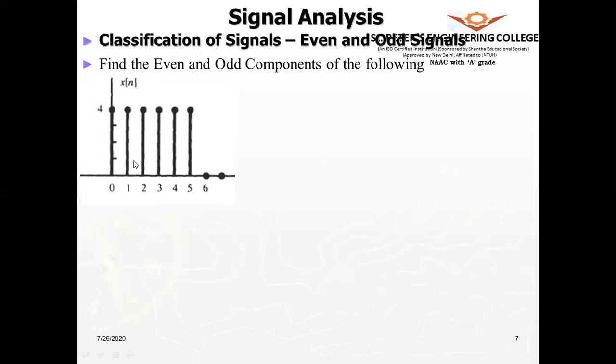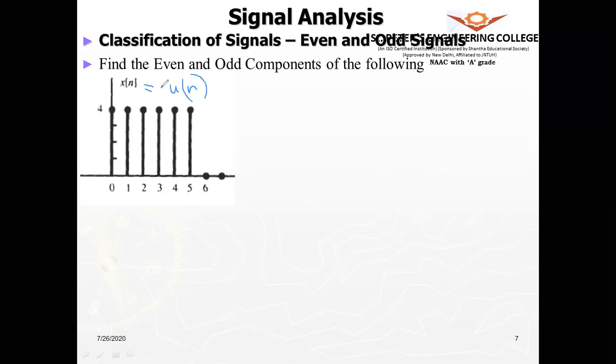If you have to write this in function form, it has a constant amplitude of 1, and the signal starts at n equals 0. So you can write x of n equals u of n, but u of n has an amplitude of 1, while this signal has an amplitude of 4.